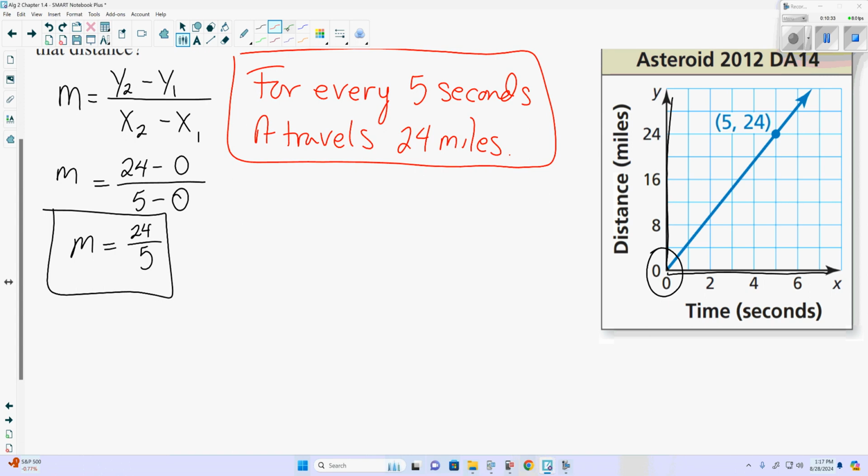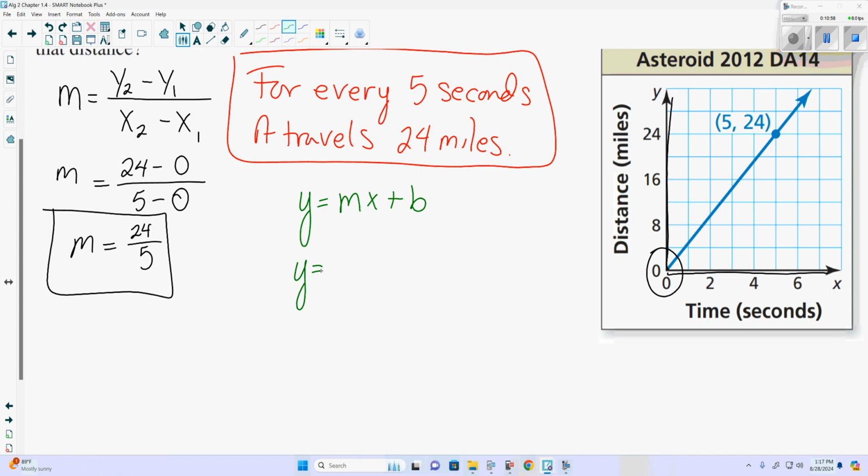So since we do have that, we can use our y equals mx plus b. If we don't know the y-intercept, we'll use the point slope form. Now, could we have used the point slope form for this here? Well, yes. It would have still gotten us the same equation, but it would have taken a few more steps.